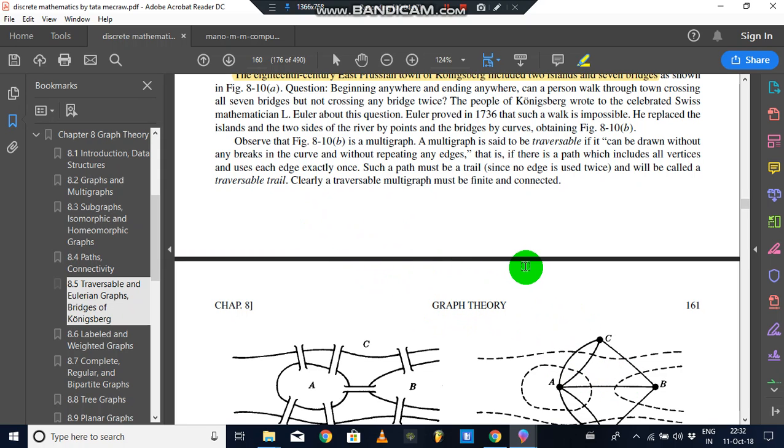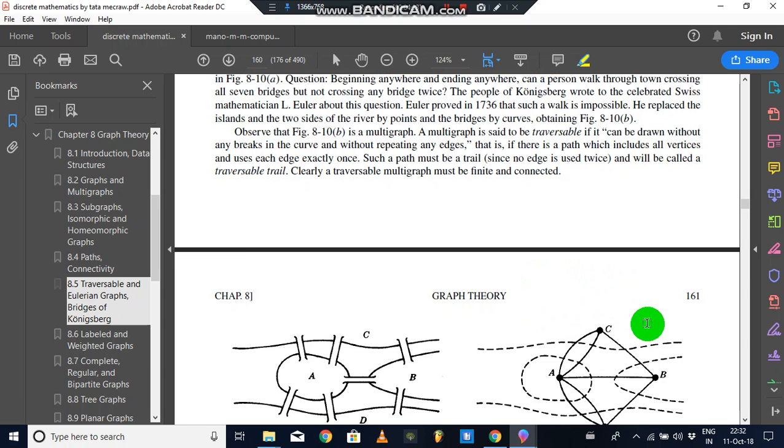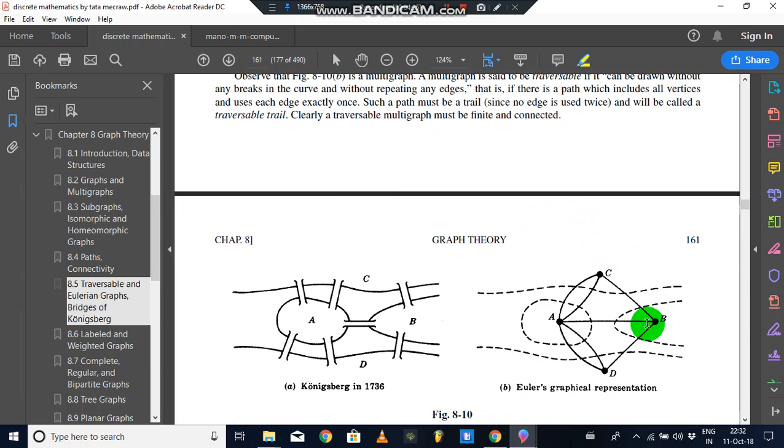A multigraph is said to be traversable if it can be drawn without any breaks in the curve and without repeating any edges, as you know, edges. That is, if there is a path which includes all vertices and uses each edge exactly once.